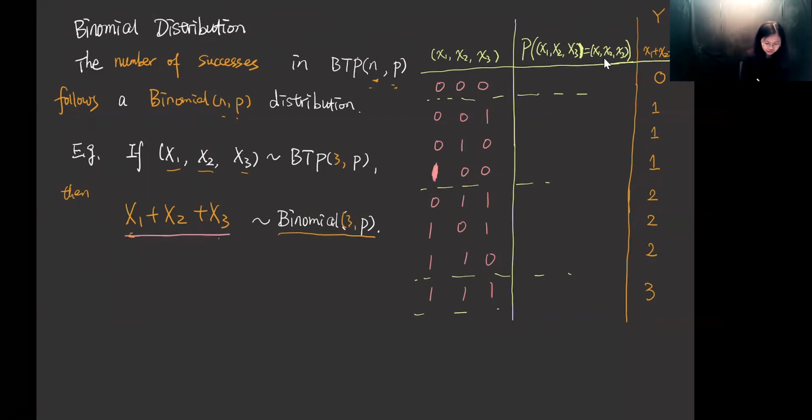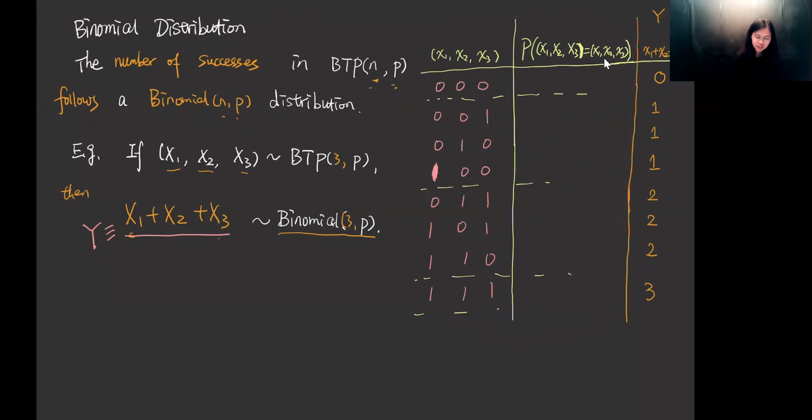We can call this random variable Y. We define this sum to be Y. Y is a binomial random variable with parameters 3 and p. We can figure out the distribution of Y from the distribution of the Bernoulli trial process that we obtained on the previous page.